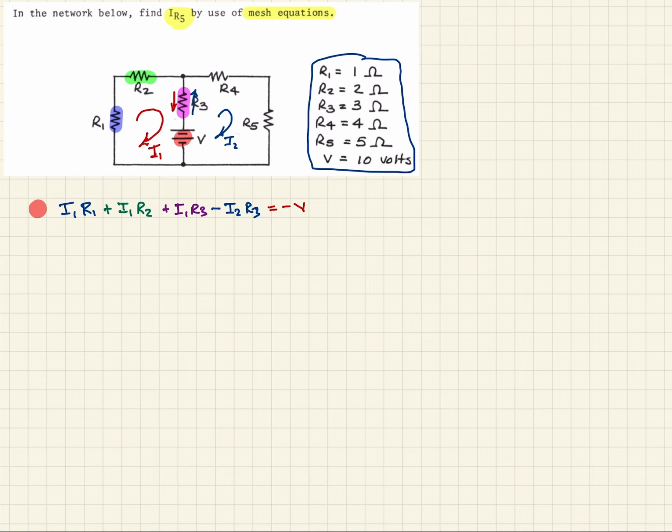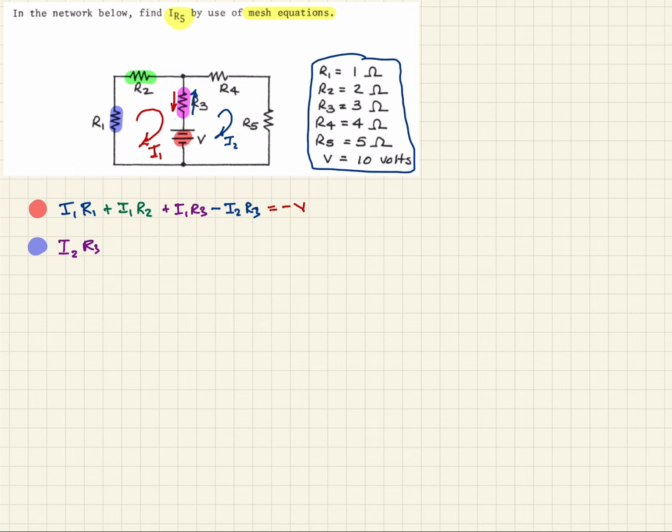So now let's go over and look at mesh 2, which we've designated as blue. So let's go ahead and get the things we have colors associated with already. We see R3, which was purple. So here we're going to say we'll have I2 times R3. But then we also have, like we did before, I1 working against us.